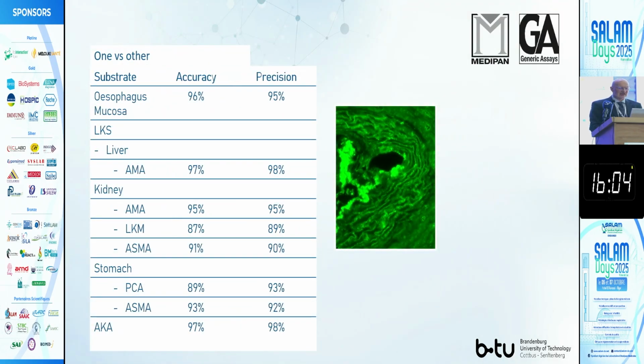Well, that is illustrated here again in terms of different tissue sections, not just the monkey esophagus for the celiac disease diagnostics, but also the very common triple tissue assay, meaning SKL, stomach, kidney, and liver. And even here, we are just about to introduce automated interpretation of the different autoantibody specificities that you can detect with this indirect immunofluorescence assay.